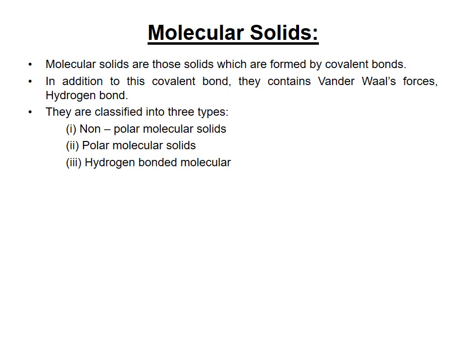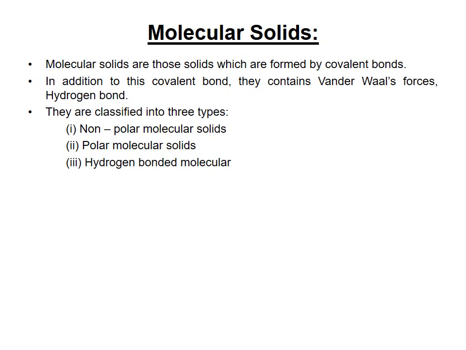The first type of crystalline solid that we are going to discuss is molecular solids. Molecular solids are those compounds which show some additional forces of attraction like van der Waals forces and hydrogen bonds along with covalent bonds. That is the reason why they are classified into 3 types: polar molecular solids, nonpolar molecular solids, and hydrogen bonded molecular solids.